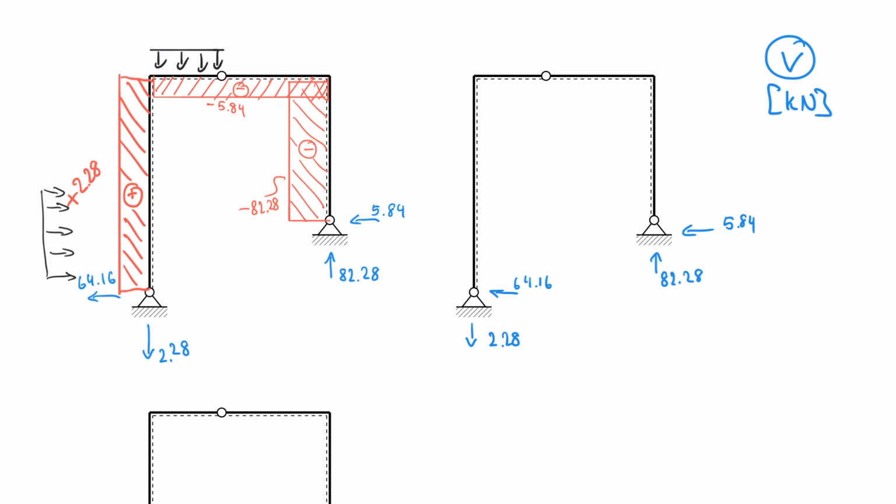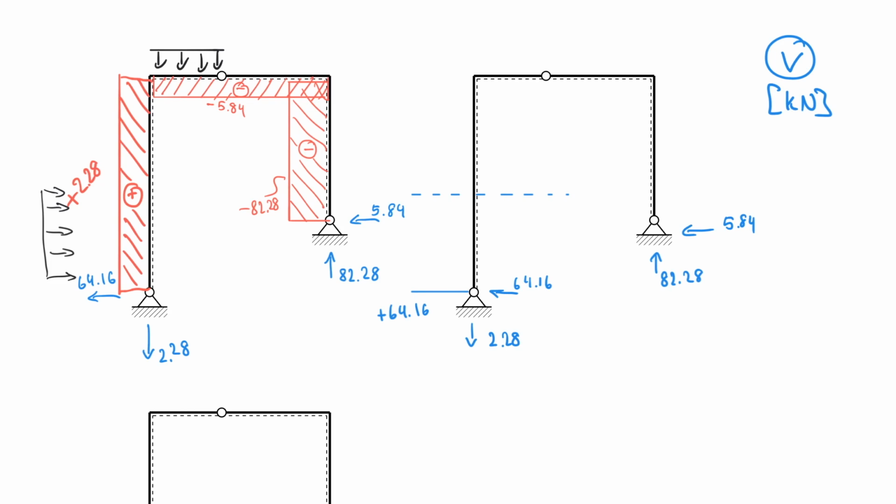But let's take it one by one. So first, I have to actually go up by plus 64.16. And then, let's pretend that this is 1.5 meters above. So I'm going to pretend that this here is the line where the evenly distributed force ends.